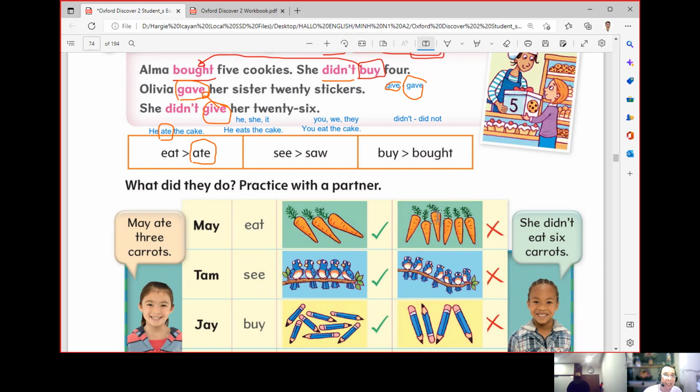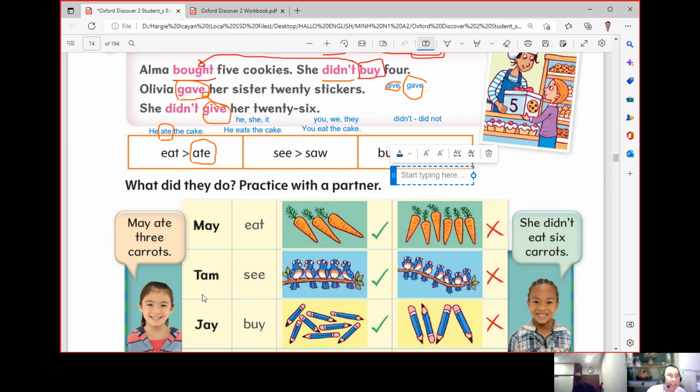Bought. Okay. We do have a lot of irregular verbs, so I should remember that first.